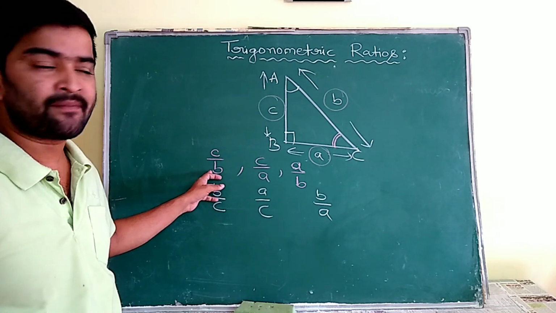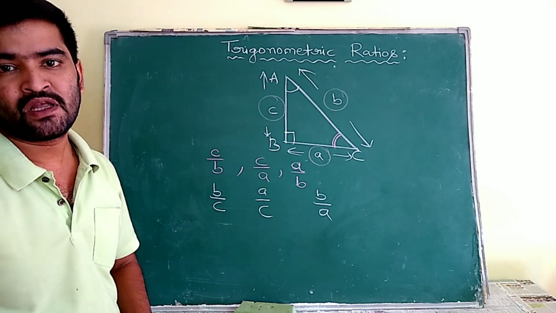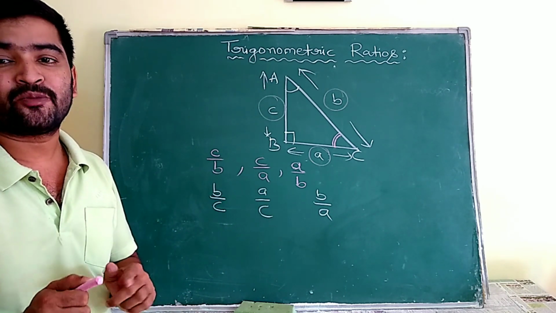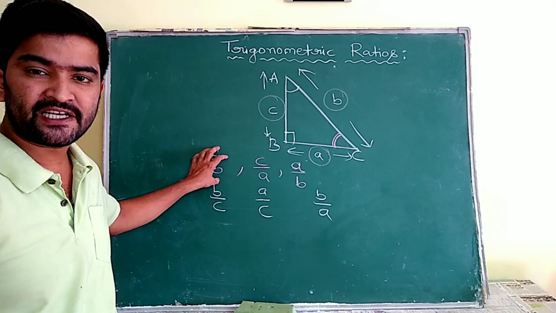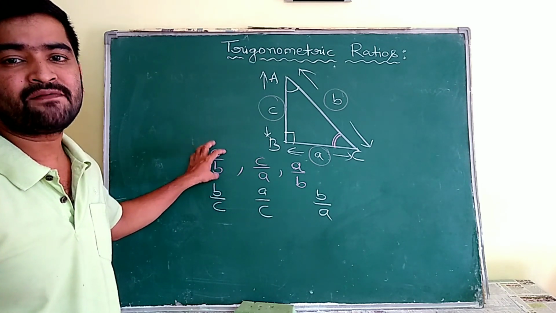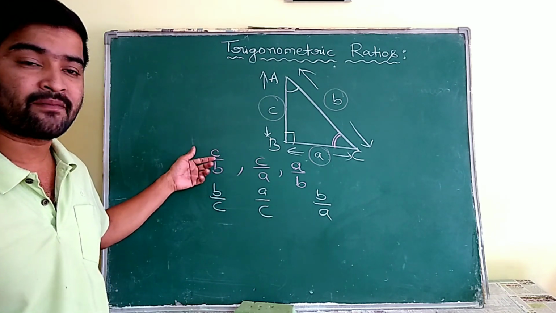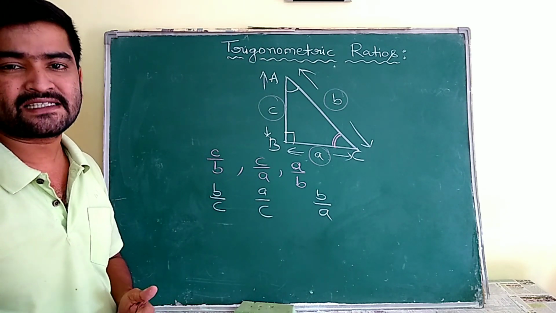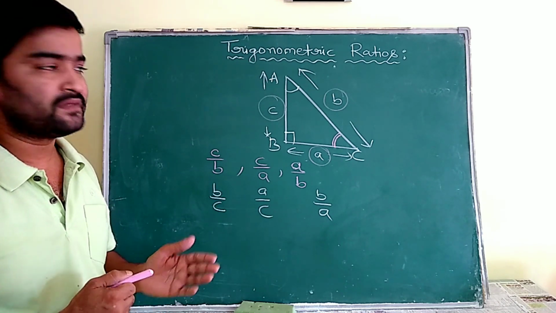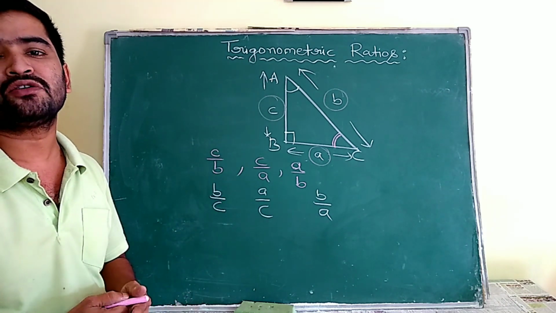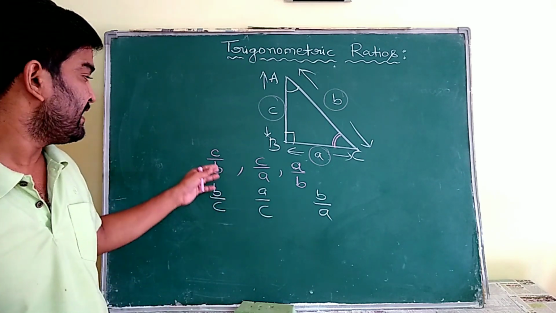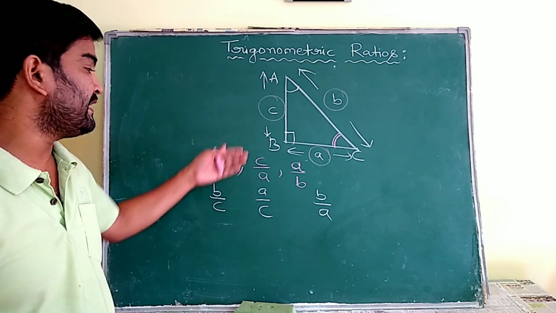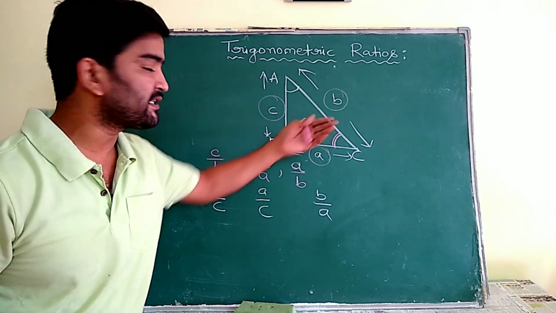What specific trigonometric ratio do we name this c by b with? Before that, I am going to explain the different trigonometric ratios. After that it will be very clear what is c by b, what is c by a, and what is a by b with respect to this C.